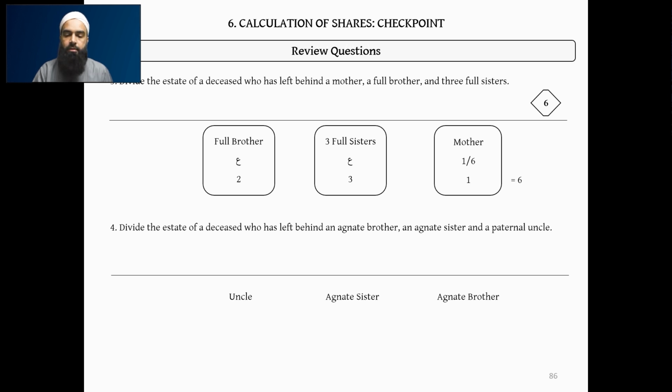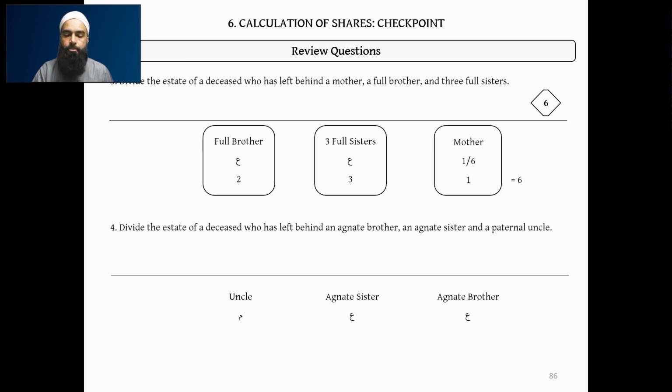Agnate brother with the agnate sister become the asaba, the agnatic shareholders, and this is because if you remember in the chart, the brother comes before the uncle. So the uncle will get nothing. Mim just means mahjub, means they don't get anything. You can just write 0 or nil or anything you want to write.